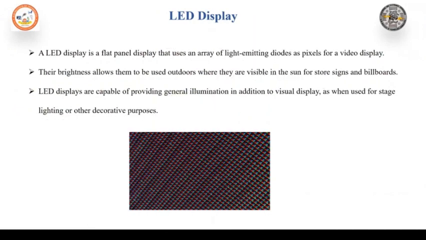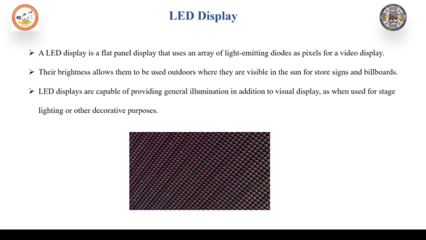Coming to LED display. The best known of all optoelectronic devices is the so-called LED, light emitting diode, which emits a fairly narrow bandwidth of visible light, usually red, orange, yellow, or green, or invisible infrared light, when its internal diode junction is stimulated by a forward electric current or voltage.